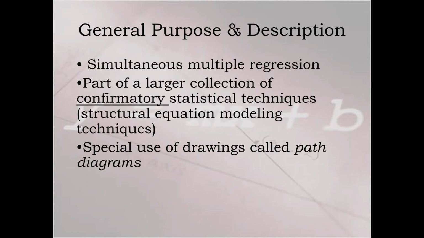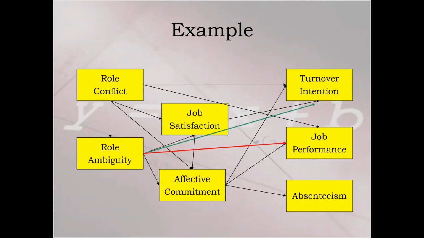So the general purpose and description of path analysis, we're really talking about simultaneous multiple regression. And as we'll see in our lab, we're going to break it down so that it's pretty clear that really this could all be answered by just doing a set of regressions.